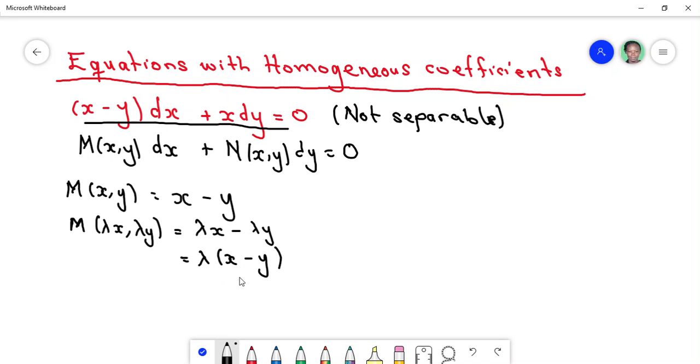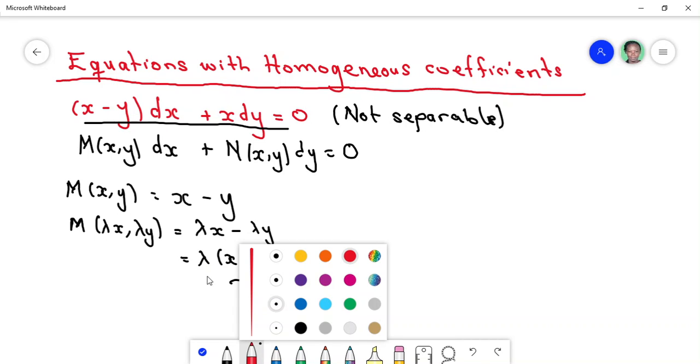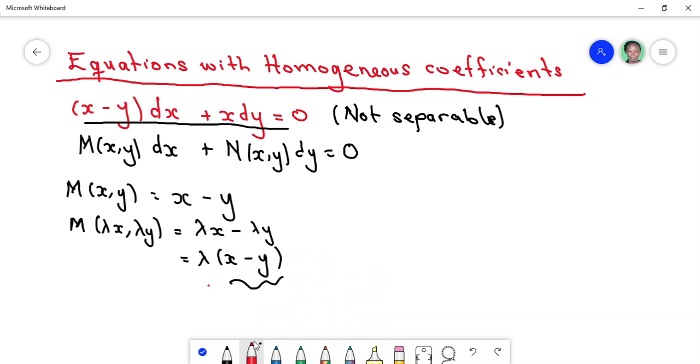So what do you realize? You realize that this is still our M, with the degree, lambda to the power 1.